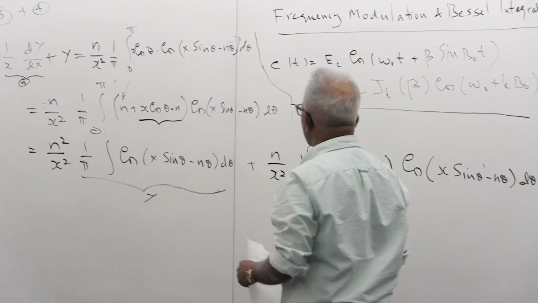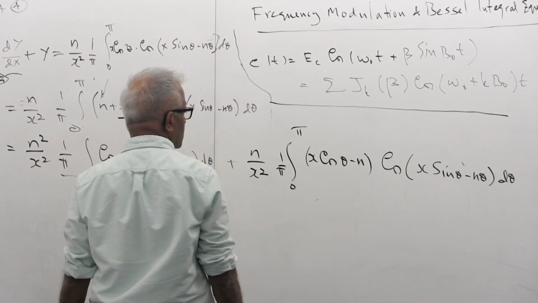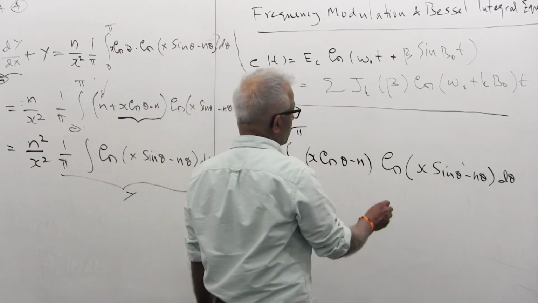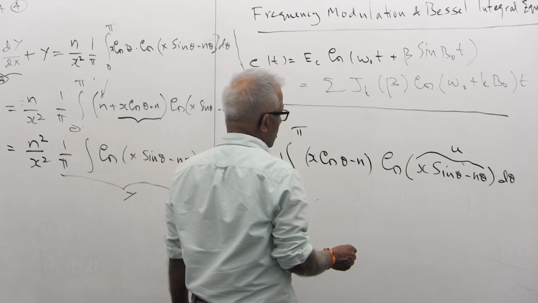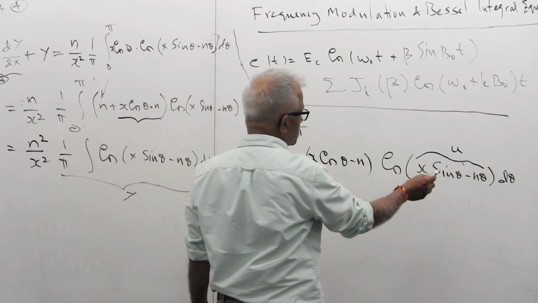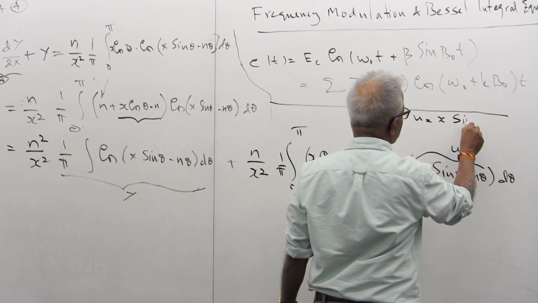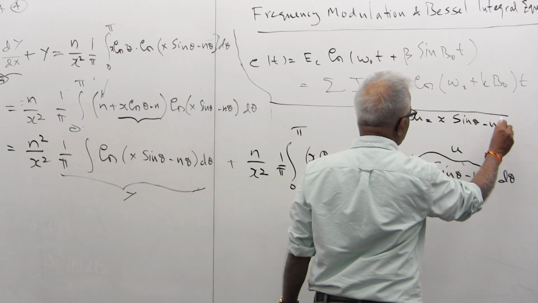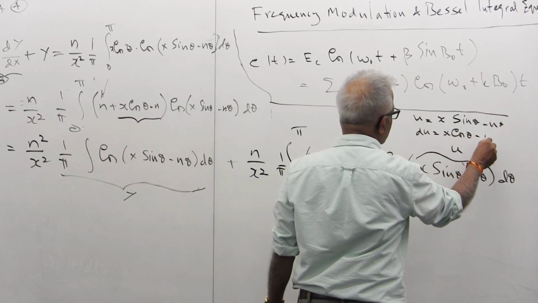So we need to evaluate this integral. Remember this integral is with respect to u, so if you substitute u to be x sin theta minus n theta, then du is (x cos theta minus n) d theta.